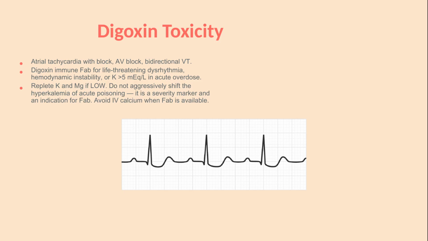Hypokalemia and hypomagnesemia worsen toxicity and need repletion, while the hyperkalemia of acute poisoning is treated with FAB rather than aggressive shifting, and calcium is best avoided when FAB is available and the diagnosis is clear. Avoid cardioversion when possible. If it is unavoidable, use low energy. These patients are admitted to monitored beds.